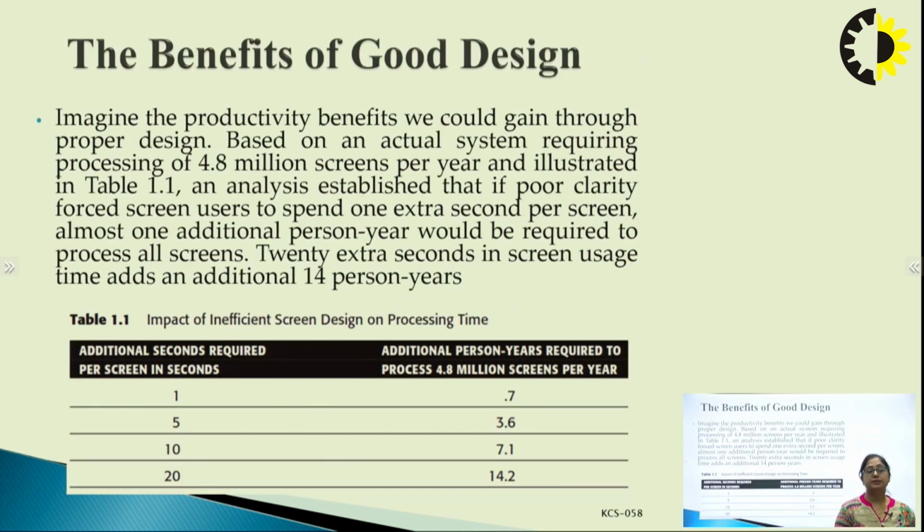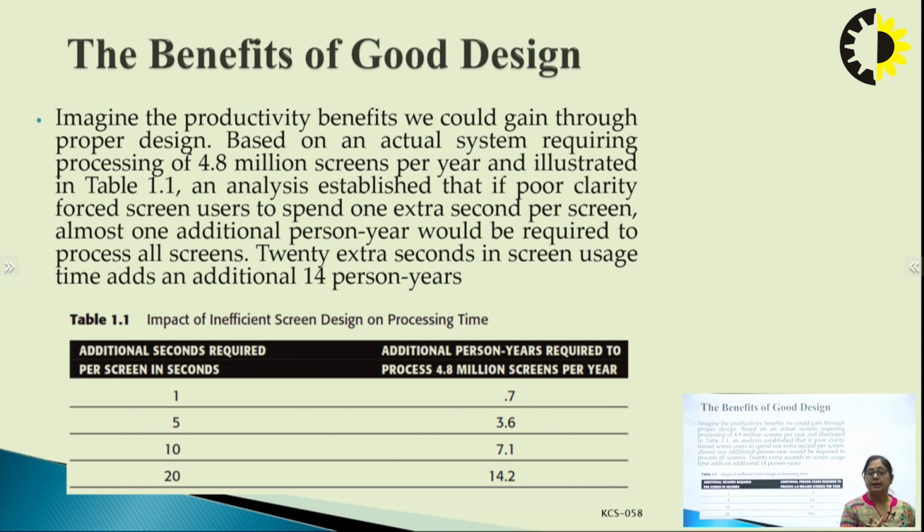So, let us discuss the benefits of a good design. This is a case study we discuss here. Imagine the productivity benefit we could gain through proper design. It is based on an actual system requiring processing of 4.8 million screens per year, illustrated in table 1.1.